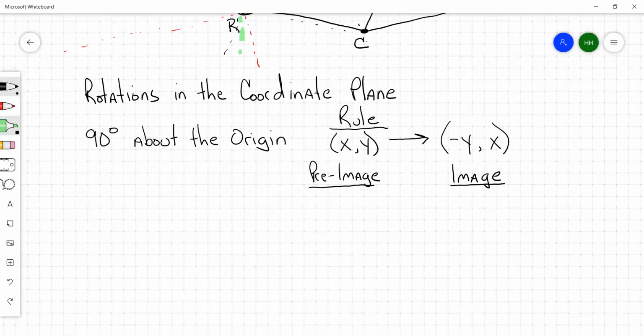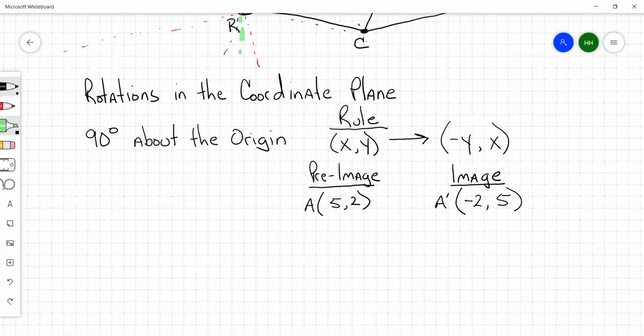So if your pre-image was at, let's say, point A, was at 5, 2, and you're going to rotate it 90 degrees about the origin, what are the coordinates of A prime? Look what happens in the rule. Your new x is the opposite of the original y. -2, 5.